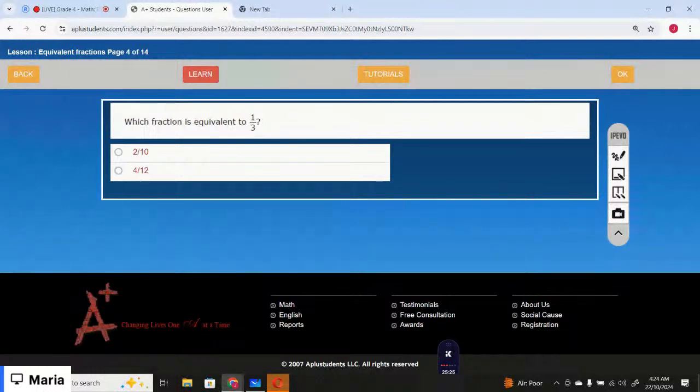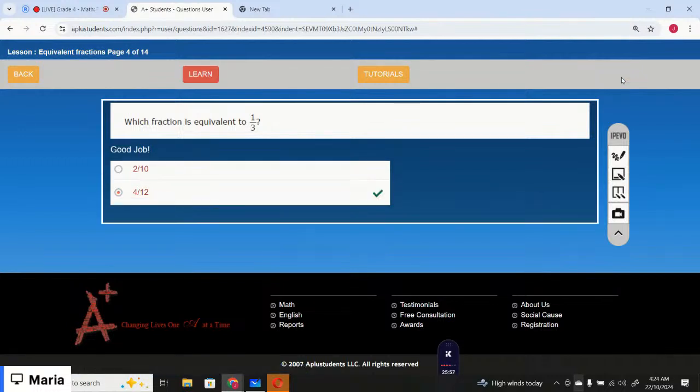Just look at the options 2 by 10 and 4 by 12. 2 by 10, if you multiply the fraction by 2, 2 times 1 is 2 and 2 times 3 is 6, right? That means option number 1 is not the correct one. Look at the second one, 4 by 12. So 4 times 1 is 4 and 4 times 3 is 12. So that means 1 by 3 and 4 by 12 are equivalent. The correct option is 4 over 12. You have to multiply the fraction 1 by 3 by 4. So that is 4 over 12.